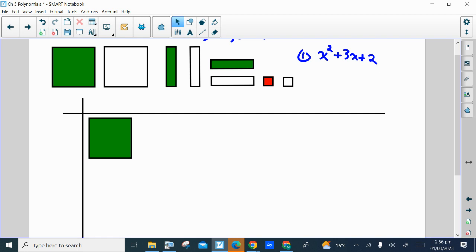So here, the last term is plus 2, which means we have 2 positive 1 tiles. And you're always going to form a rectangular shape. So you can either put the 2 positive 1 tiles side by side like that, or you could also put them vertical like that. It doesn't matter. Well, sometimes it doesn't matter. Sometimes it does.